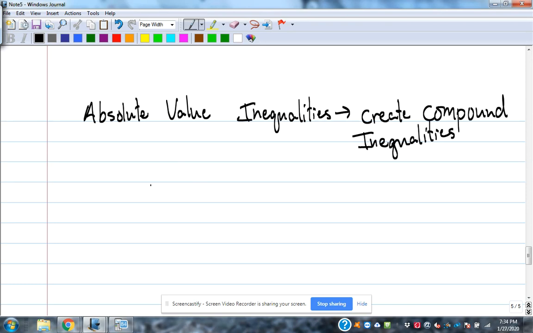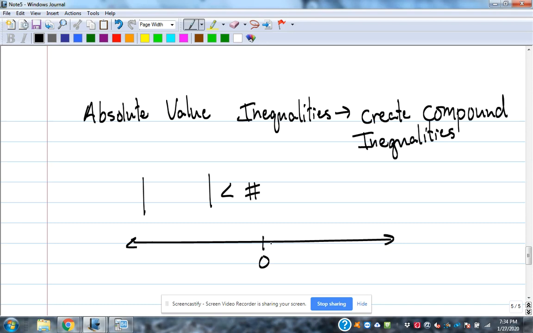And the reason that they do that is, when you have an absolute value, if it's less than a number, and we think about what absolute value is. Absolute value is distance away from 0. Okay, so if we think about the number line, I'm just going to put 0 right there in the middle, and we pick a number that the absolute value could be less than, like absolute value that's less than 5.